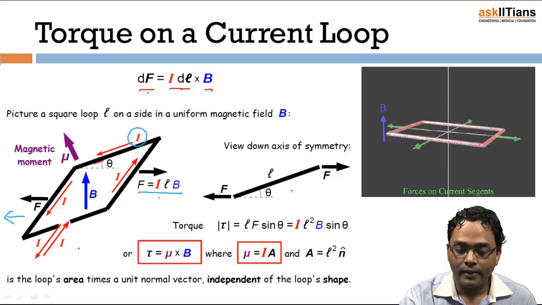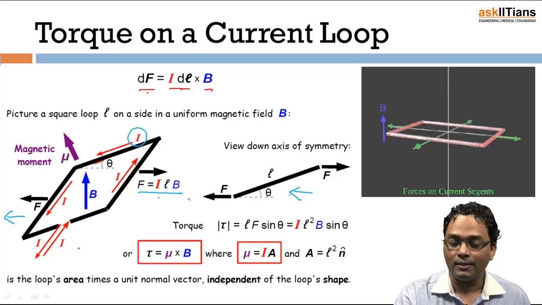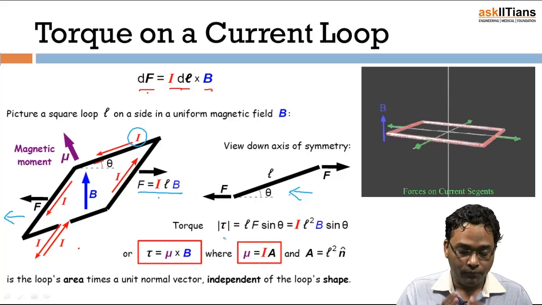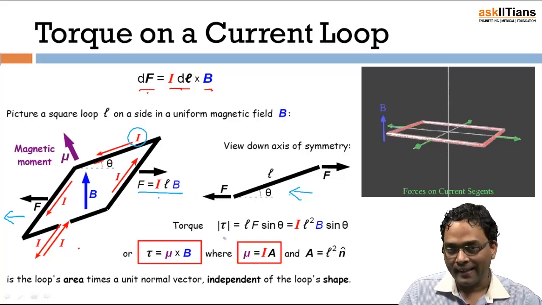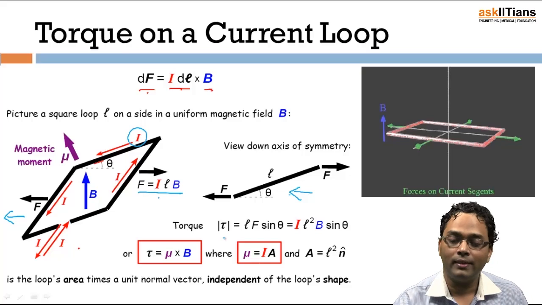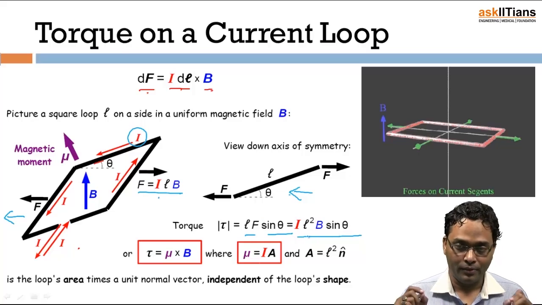As a result, what will we get? The net force is going to be F equals ILB towards the right and ILB towards the left. The torque depends upon the length perpendicular to the force, so we take the sin theta component. So L sin theta into F gives us I L squared B sin theta, where L is the length between the two sides.